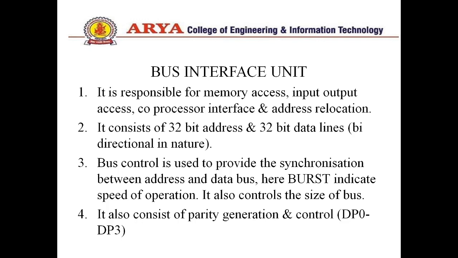Bus control unit is used to provide synchronization between address and data bus. Here, burst indicates speed of operation, and it also controls the size of bus. Since it has 32-bit data lines, it is a 32-bit processor. It also consists of parity generation and control, which is by DP0 to DP3.